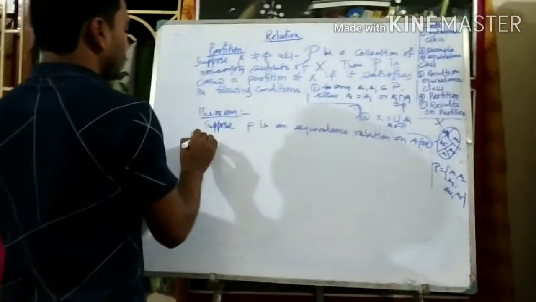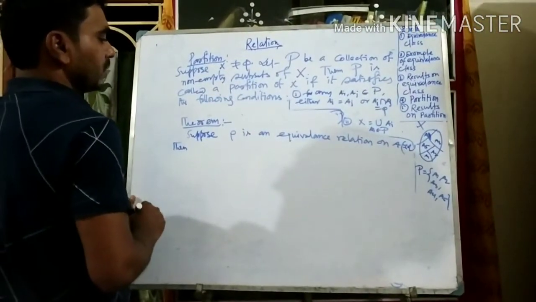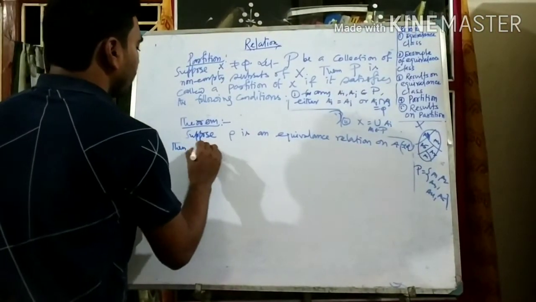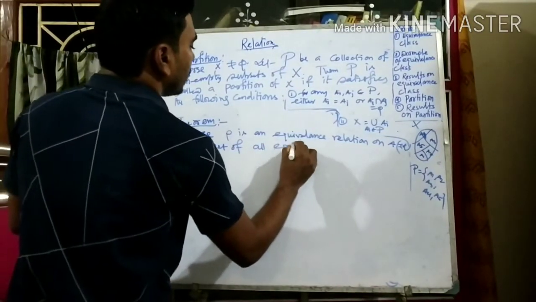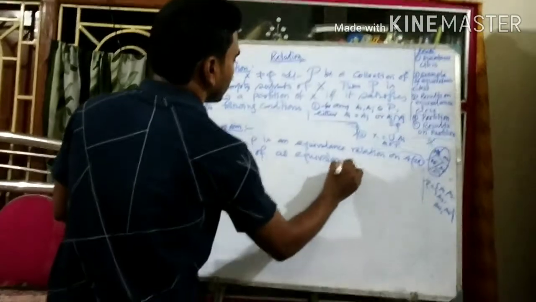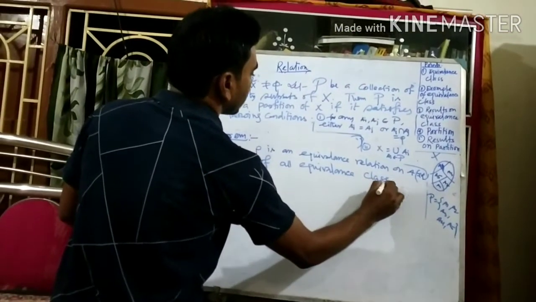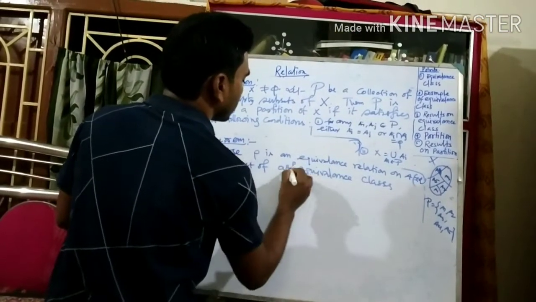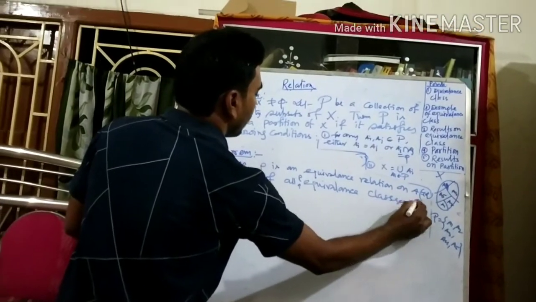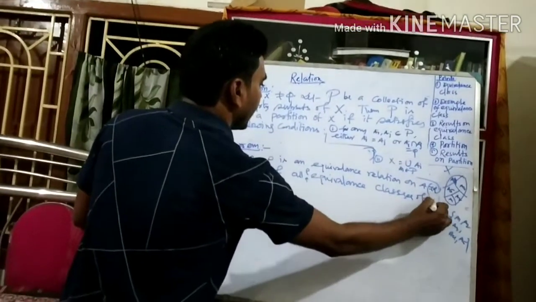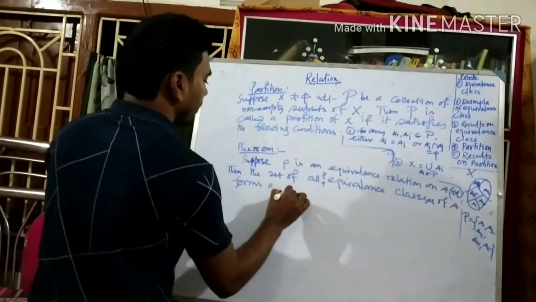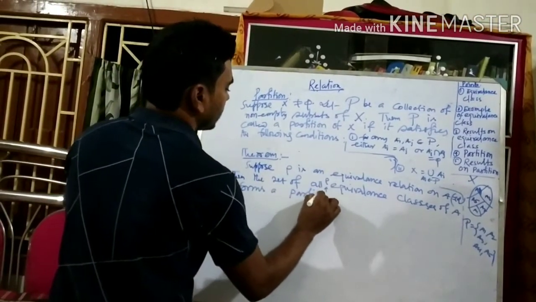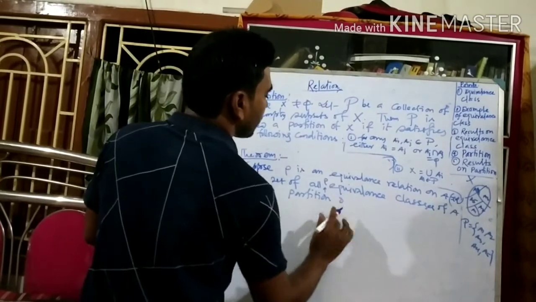Then the set of all equivalence classes, say rho equivalence classes of A, forms a partition of A.